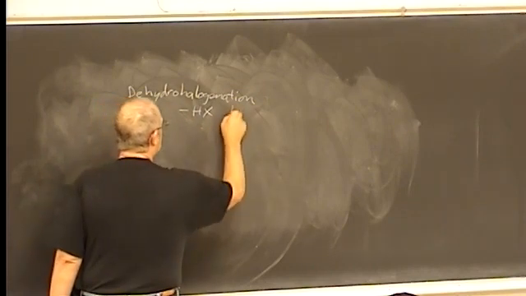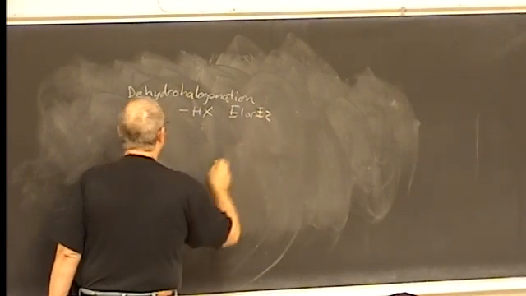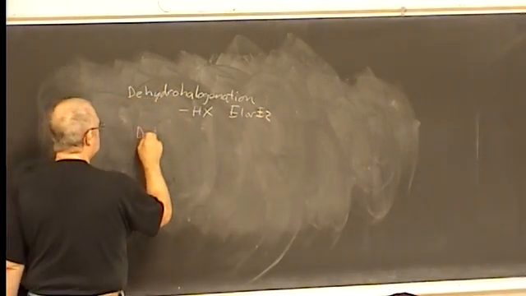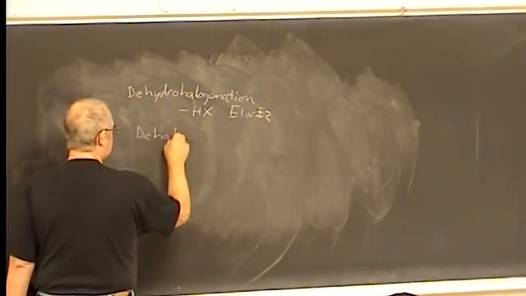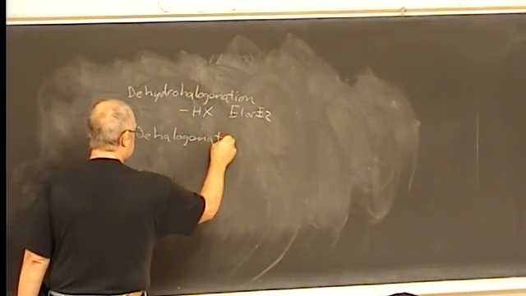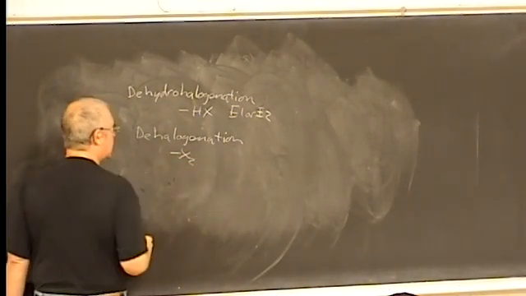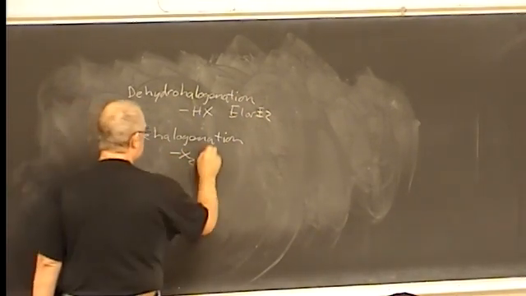Okay, this could be E1 or E2. Dehalogenation. That's removal of 2 halogens from adjacent carbons. Okay, this is E2.